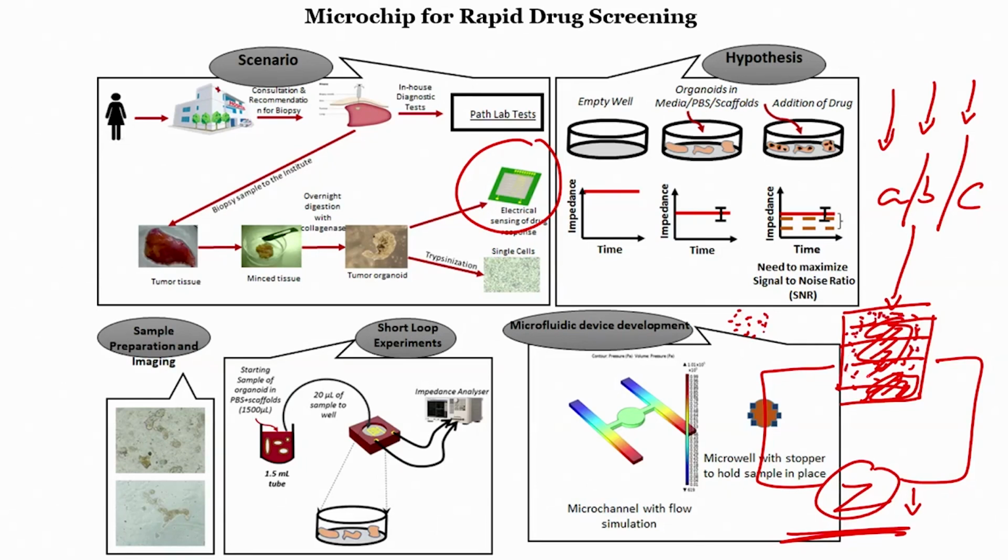What we see is the drug is in continuous contact with the spheroids, but our body is not static. Our body is dynamic. Thus, a static platform is not a solution to understand the efficacy and performance of a drug.